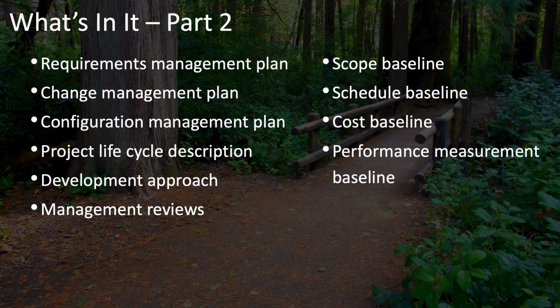It also includes baselines for the scope, schedule, and cost, at least those. There may be other baselines, as well as the performance measurement baseline, which is used in earned value analysis.